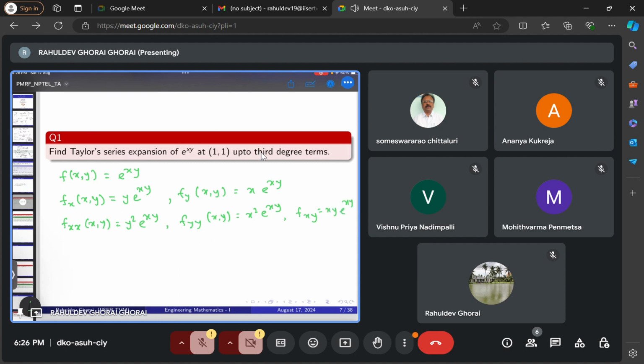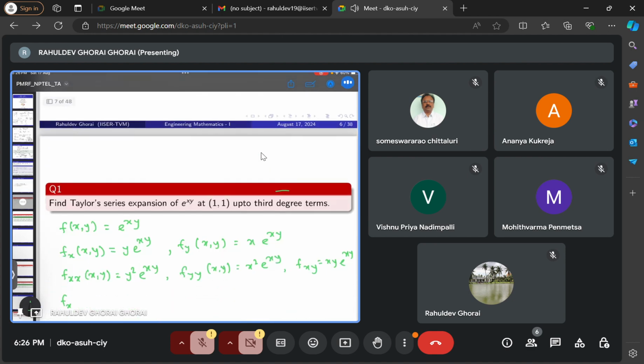And you have to find out what values we need up to third degree terms.